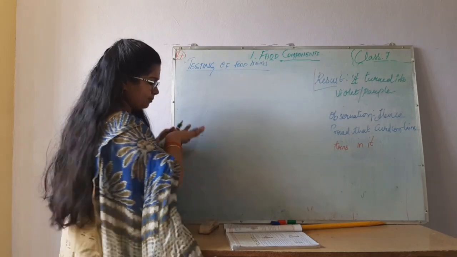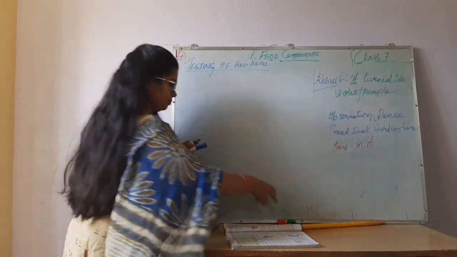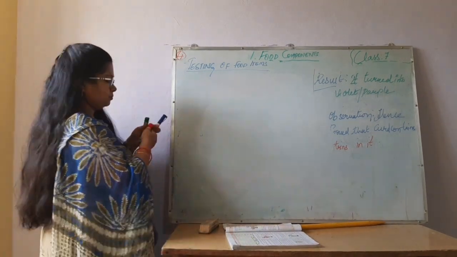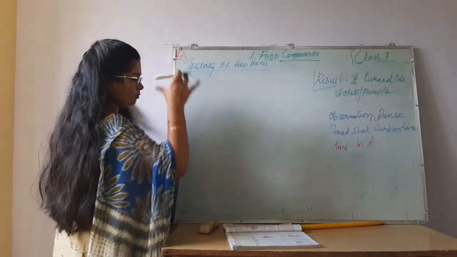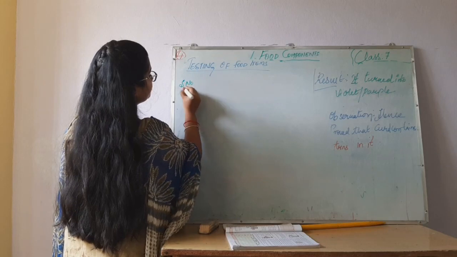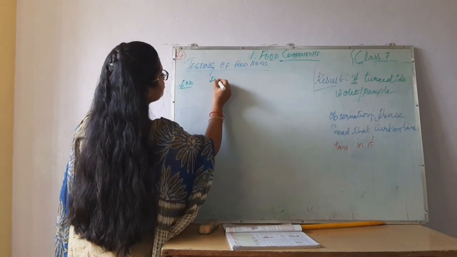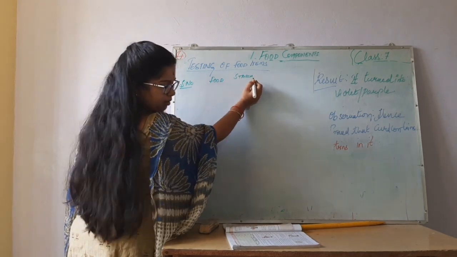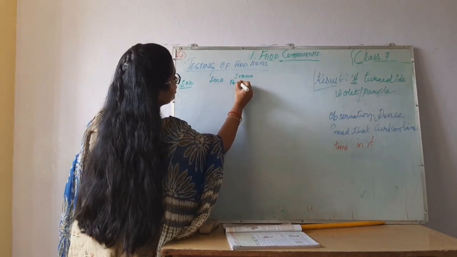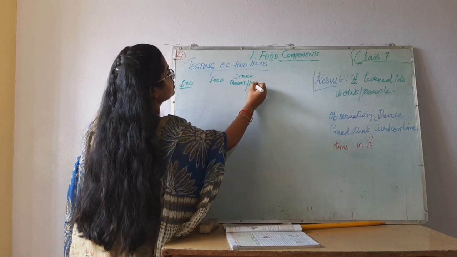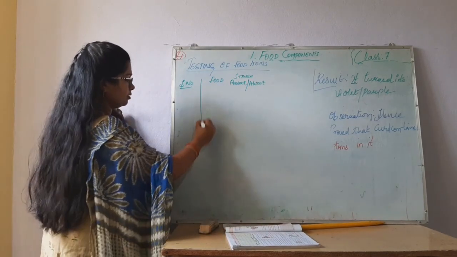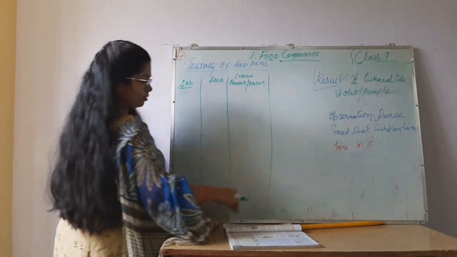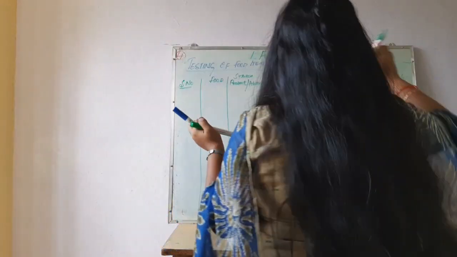In the table you will see, first is a serial number, food, starch, proteins. Present or absent, you have to write.